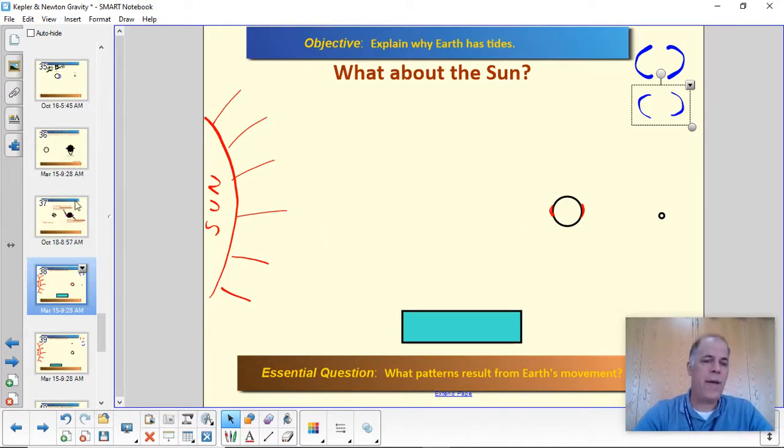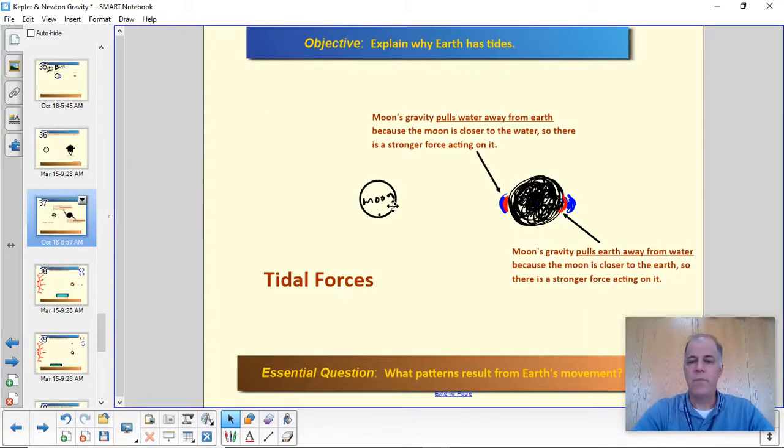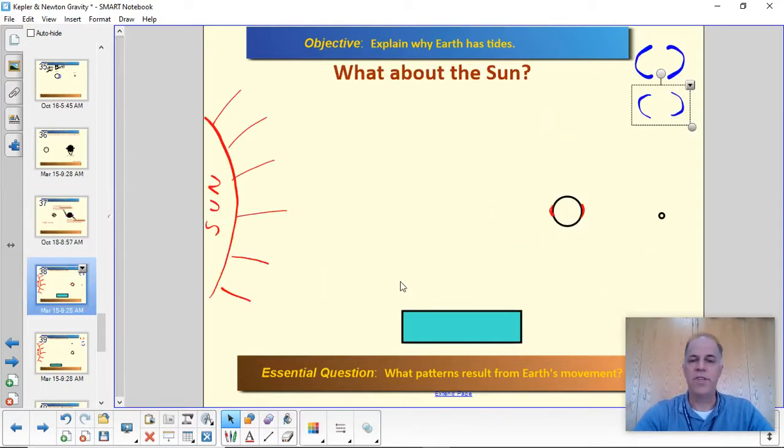So to go back to here, the moon produces tides because this ocean is much, much closer to the moon than that ocean. The relative distance is very great between the ocean on this side and the ocean on that side compared to the moon. But the sun is way, way farther away.